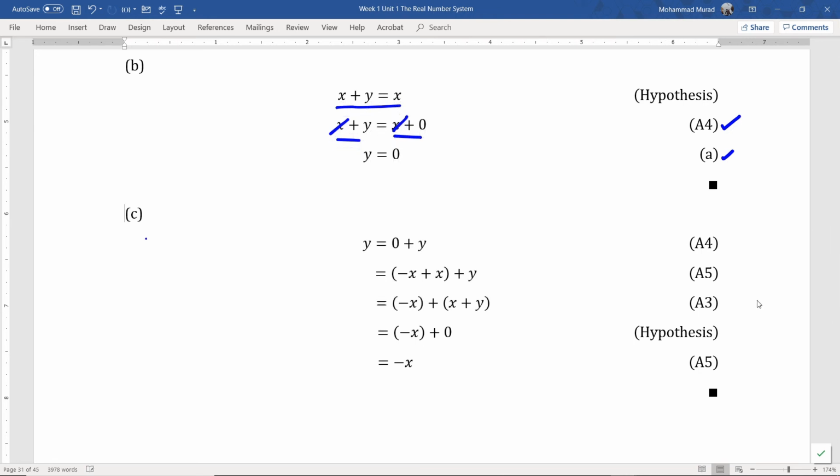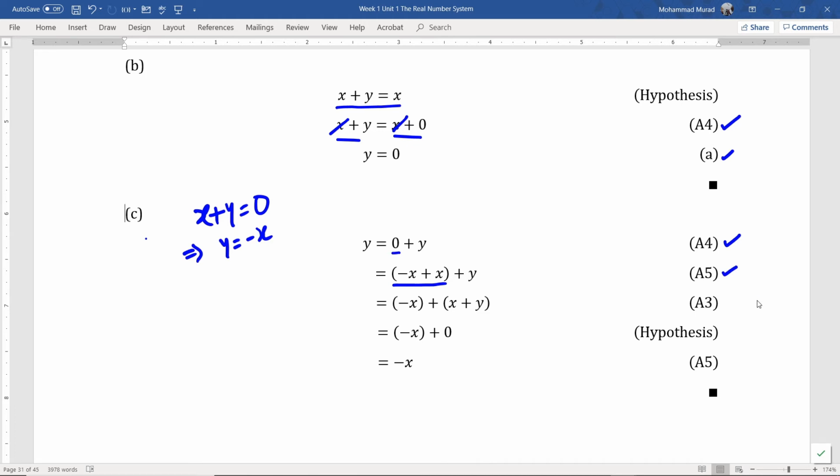Now we prove the statement C. It says that if x plus y equals 0, then this would imply that y must be negative x. We begin with the statement that y is equal to 0 plus y by the axiom A4. Then again, we replace the 0 by negative x plus x by the axiom A5.